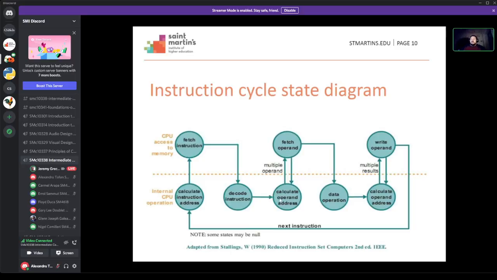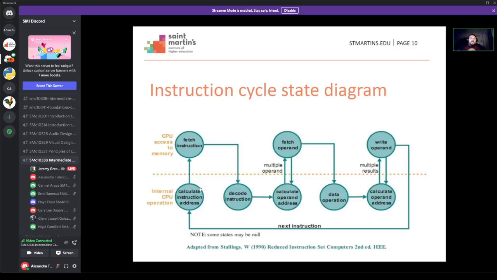Sometimes you need to fetch multiple operands. Once you've fetched all of the operands, then you perform your operation. You perform your calculation. You calculate where you're going to be storing that value, and you might be writing that value or multiple values to memory. And once you've done that, you calculate the next instruction.